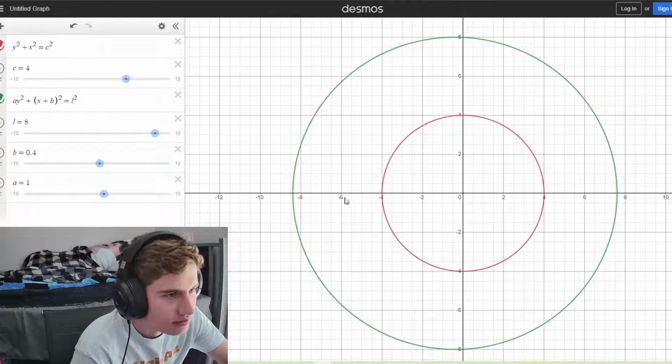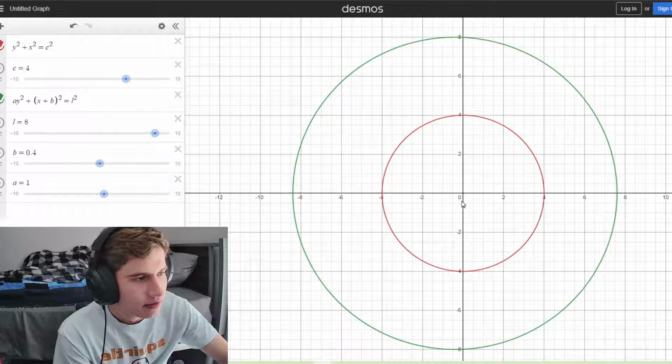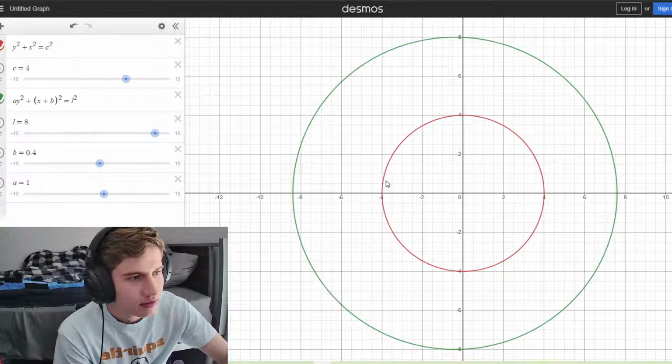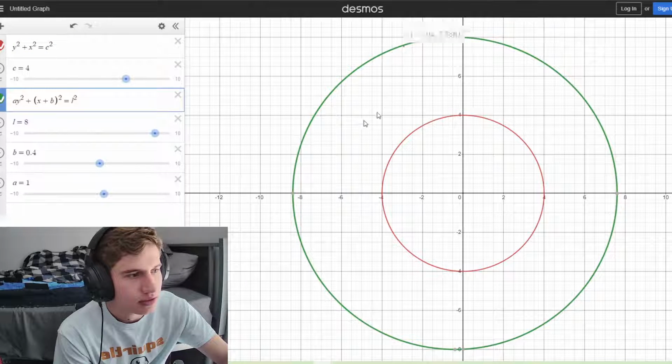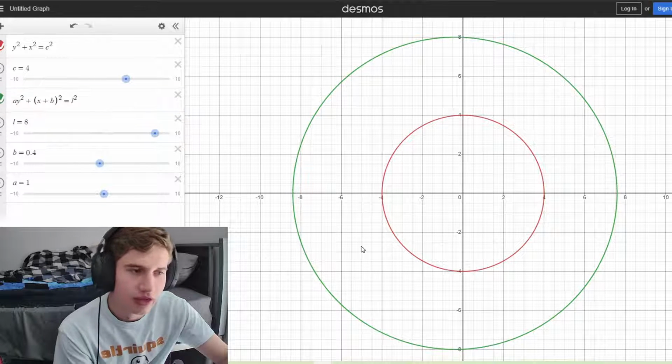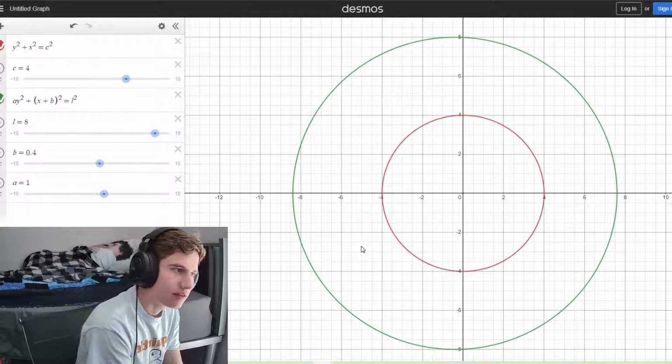If the distance, okay, I think I know what it is. If the distance from the two midpoints to each other plus the smaller radius, if that is less than the bigger radius, then I think that is not true.